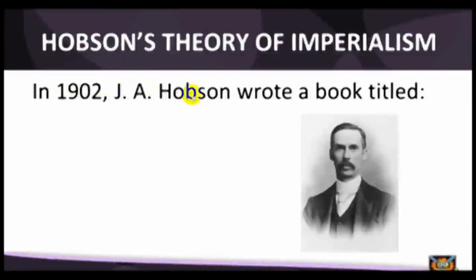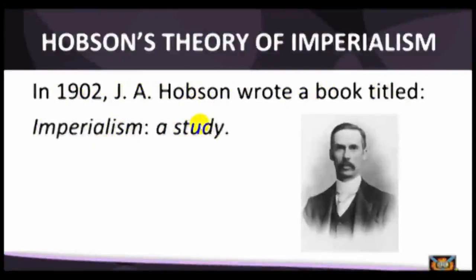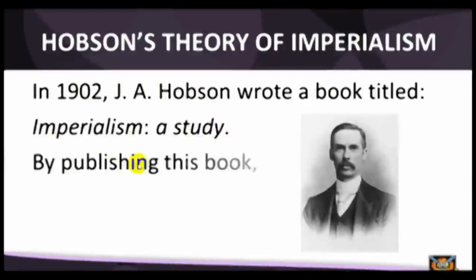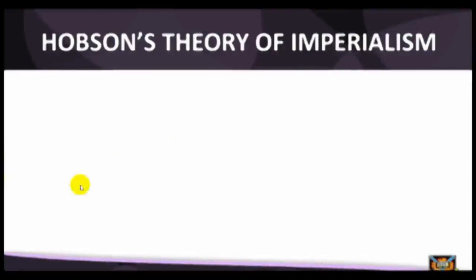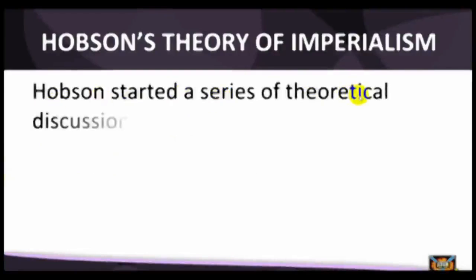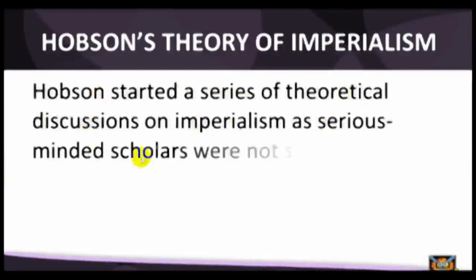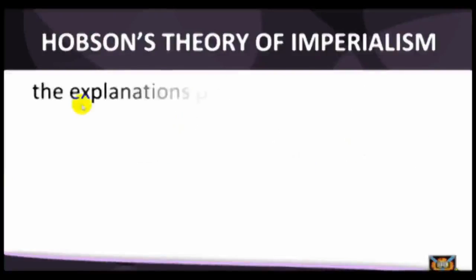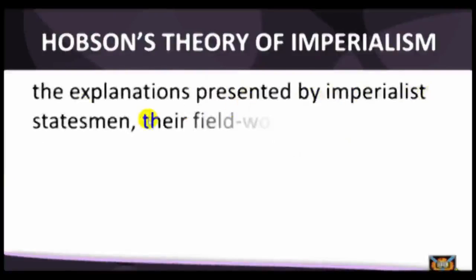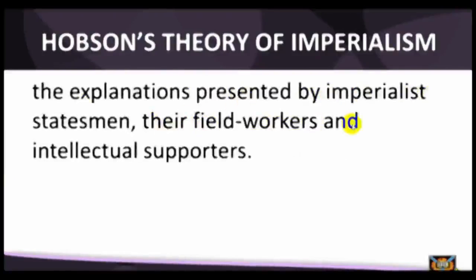In 1902, J.A. Hobson wrote a book which he titled Imperialism: A Study. By publishing this book, Hobson started a series of theoretical discussions on imperialism, as serious-minded scholars were not satisfied with the explanations presented by imperialist statesmen, their field workers, and intellectual supporters.